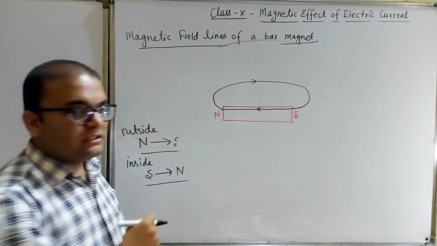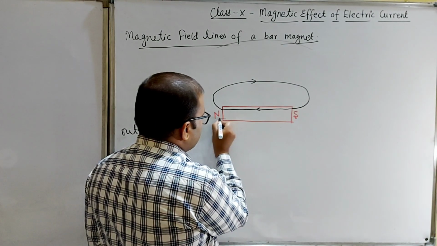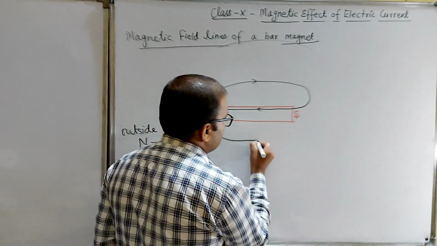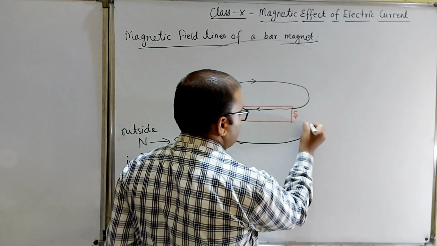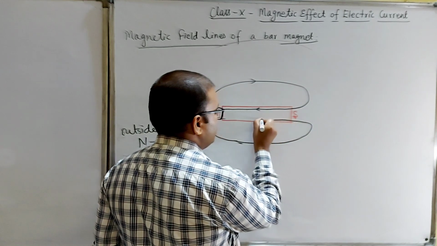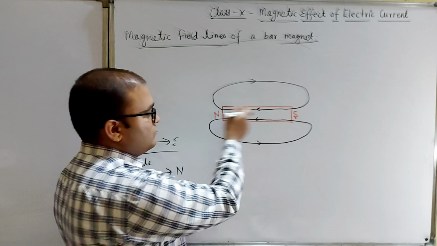Outside north to south, and inside it is south to north. Similarly, I can represent here outside the magnet it is from north to south, and inside the magnetic field line is from south to north.